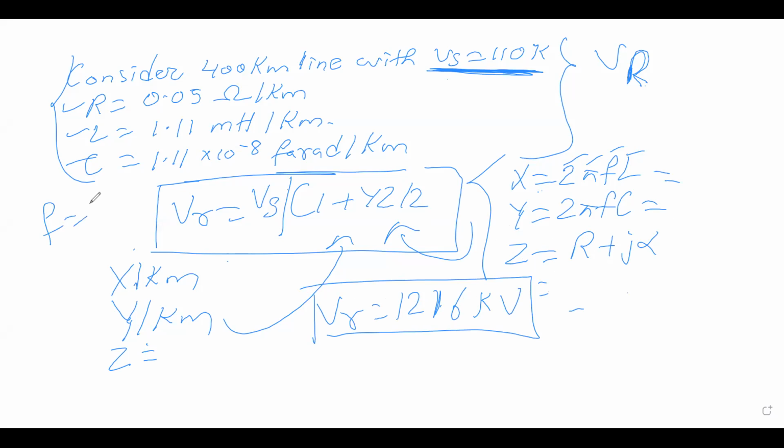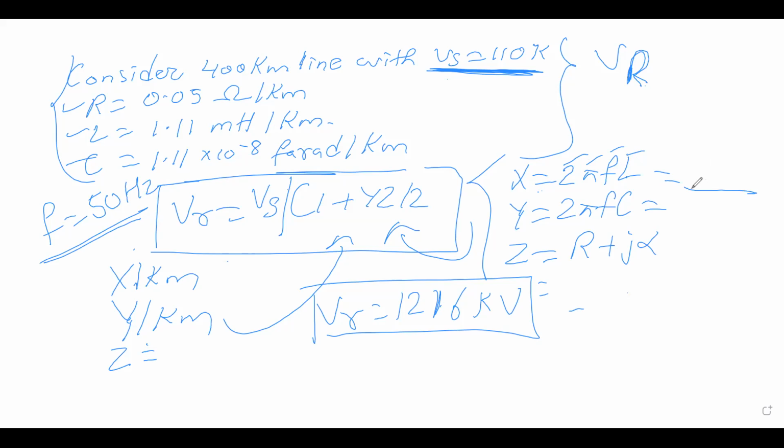F is 50, sir. We are taking it for the Indian market, so F is 50. We just have to put the values: 2, pi you could take as 3.14, f would be 50, and L is given as 1.1 millihenry, so it could be written as 1.1 into 10 power minus 3.